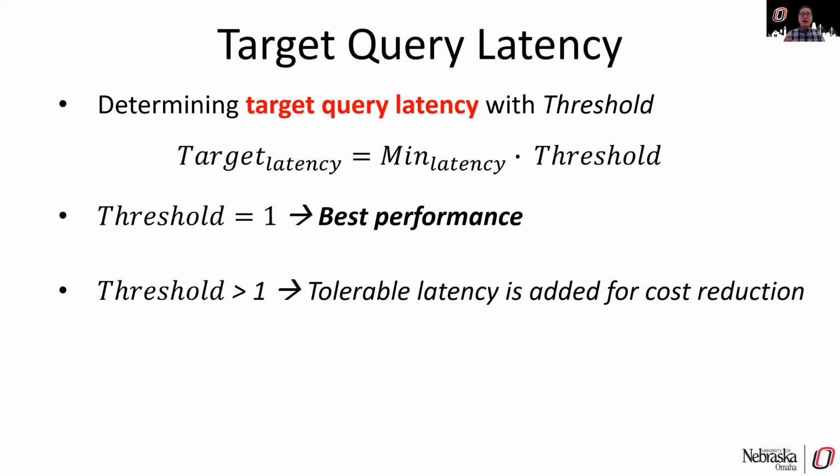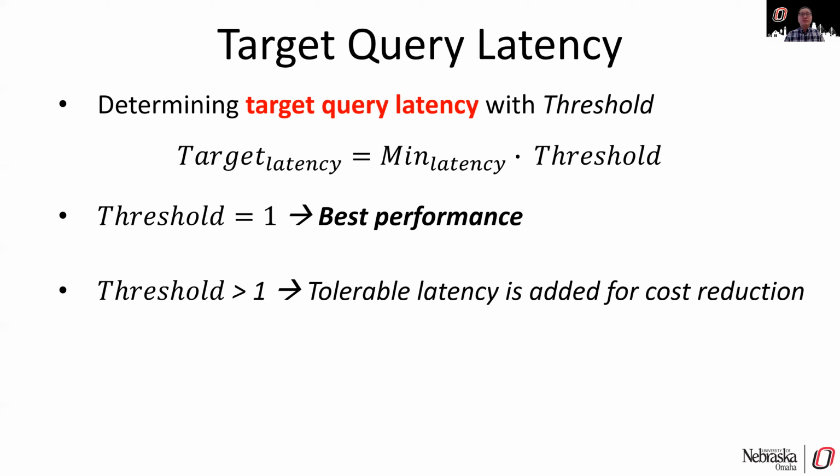Then once the minimum latencies are computed, COCOA determines the target query latencies. The target query latency can be determined by multiplying the minimum latency and a threshold, which is from users.